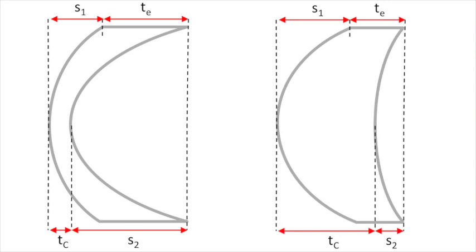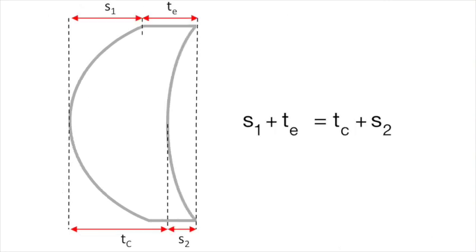And that relationship applies to both of those lens forms, both the convex and the concave form. So let's write that relationship down, and we can see from this equation now that S1 plus TE equals TC plus S2. And if you don't believe me, just look back at the convex lens again, and that relationship should be very clear.